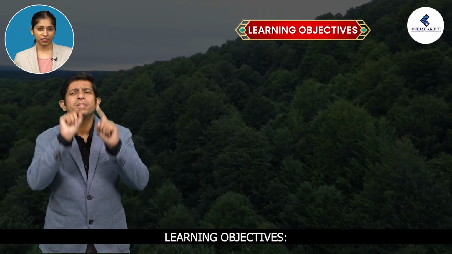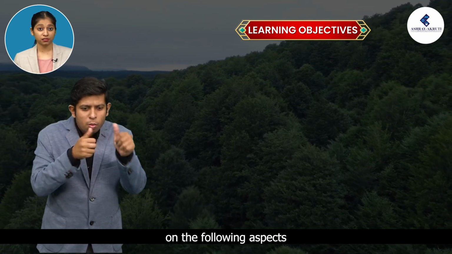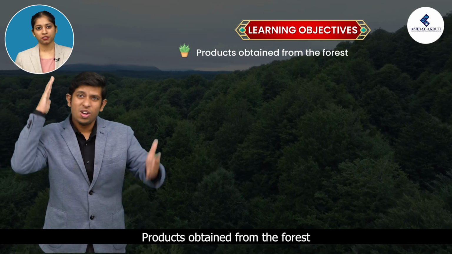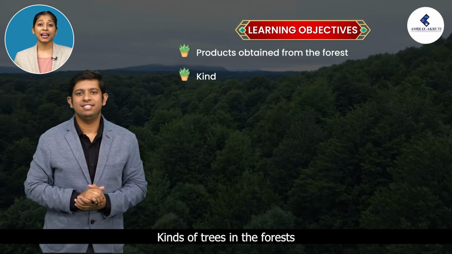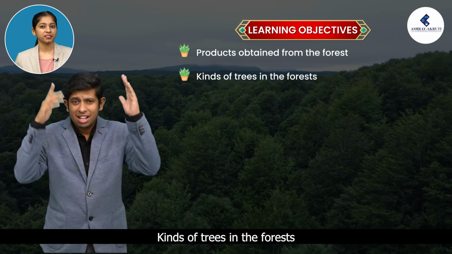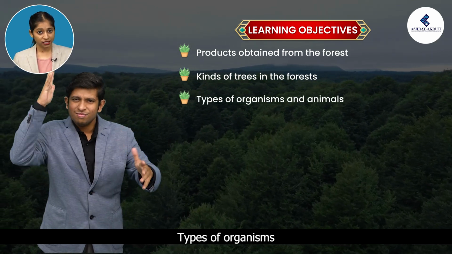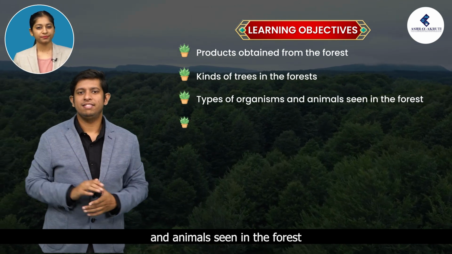Learning objectives. We are going to concentrate on the following aspects. Products obtained from the forest. Kinds of trees in the forest. Types of organisms and animals seen in the forest. Food chain.